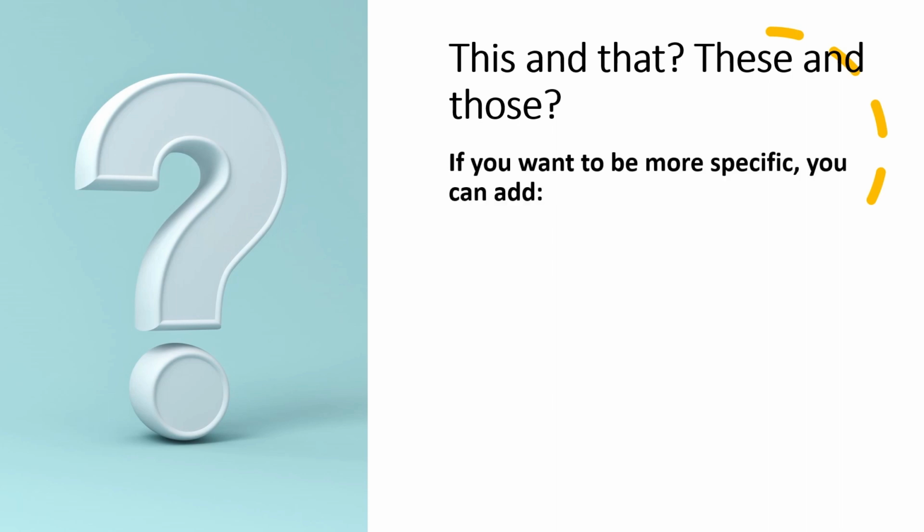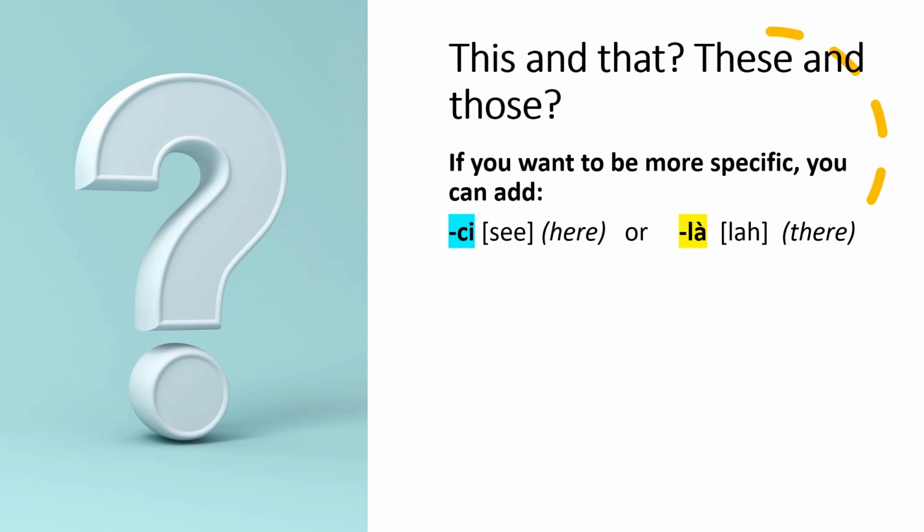As I said, we do not make the difference between this and that and these and those when using demonstrative adjectives. But if you wanted to be more specific, you can do the following. You can add ci after a word or là after a word.